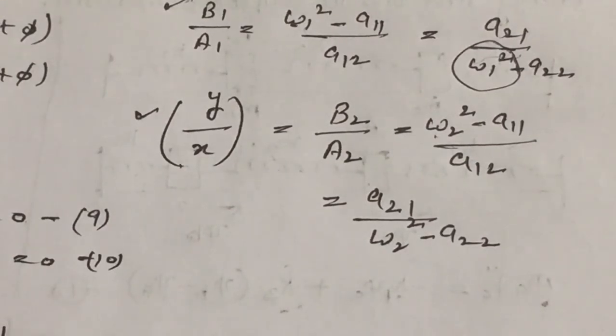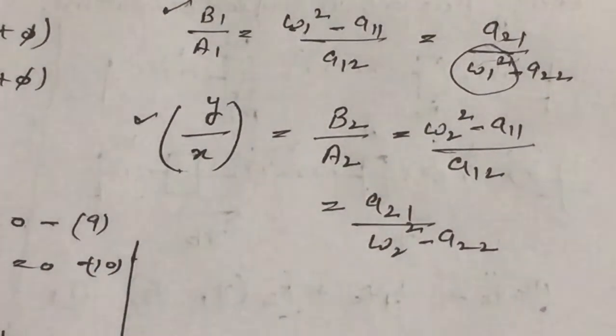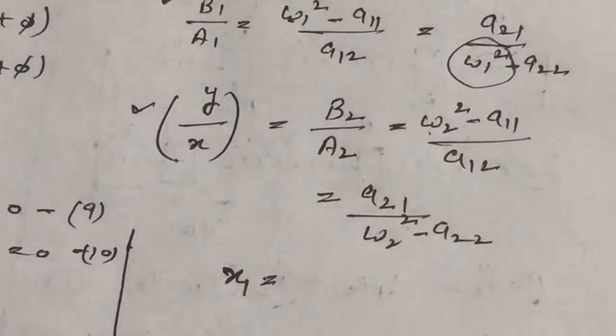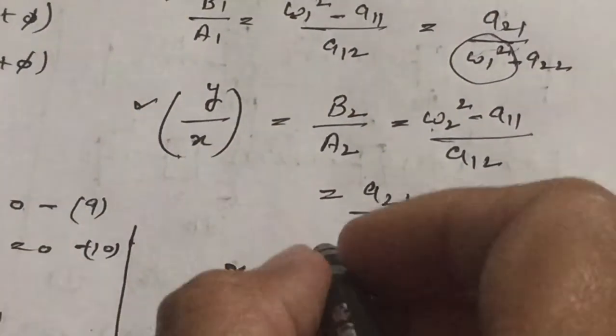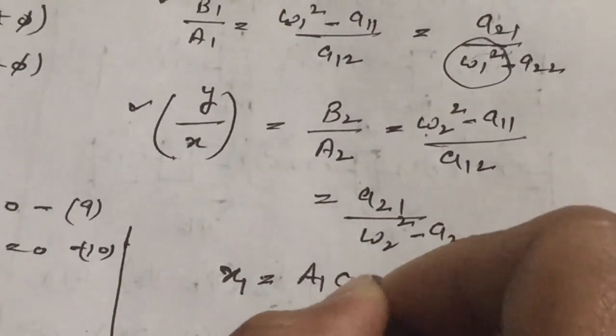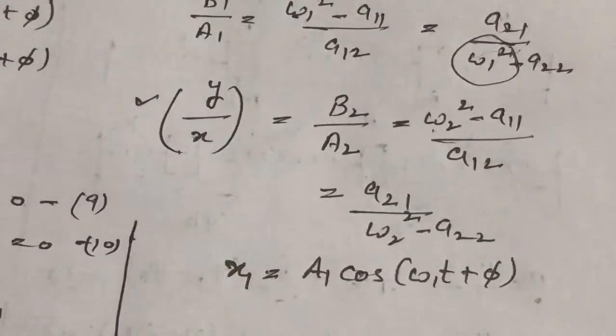Now, if there are two types of motion, we can represent them with different equations for x and y. For x1, that is the first mode, the first type of simple harmonic motion shown by the first particle, we can represent this with the help of this simple harmonic equation.